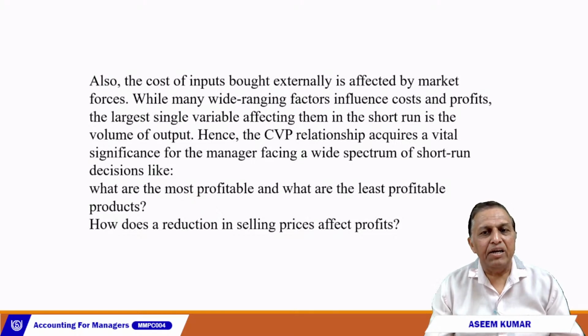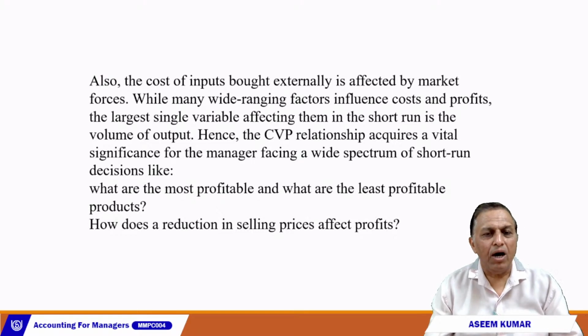While many wide-ranging factors influence cost and profits, the largest single variable affecting them in the short run is the volume of output, because the output is what leads to the placement of goods at the sale counter.